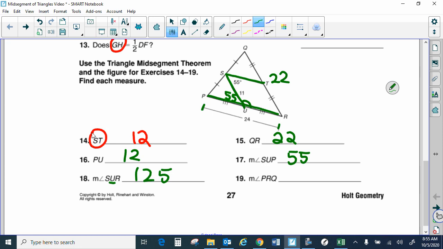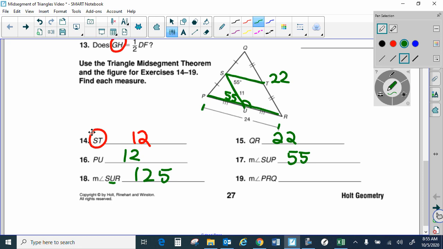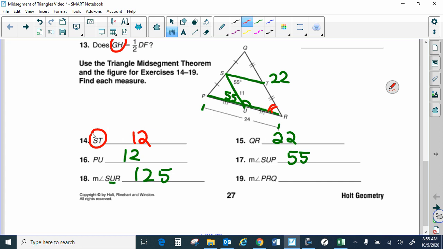And the measure of angle PRQ. This angle right here is now what they're asking. First off, we do know that it equals that angle, because we got parallel lines cut by a transversal.